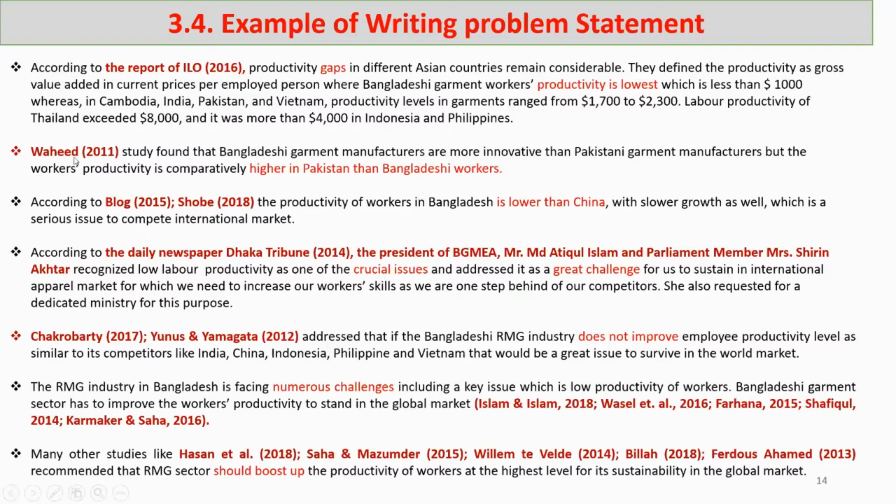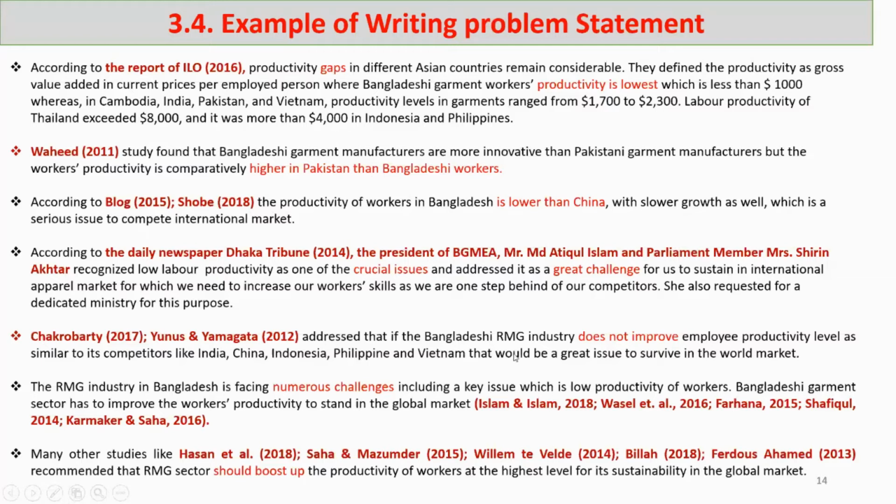See, the Wahid study found that Bangladeshi garment manufacturers are more innovative than Pakistani garment manufacturers, but the workers' productivity is comparatively higher in Pakistan than Bangladeshi workers. In Block 15 and Shobe 18, the productivity of workers in Bangladesh is lower than China, with slower growth as well, which is a serious issue to compete.